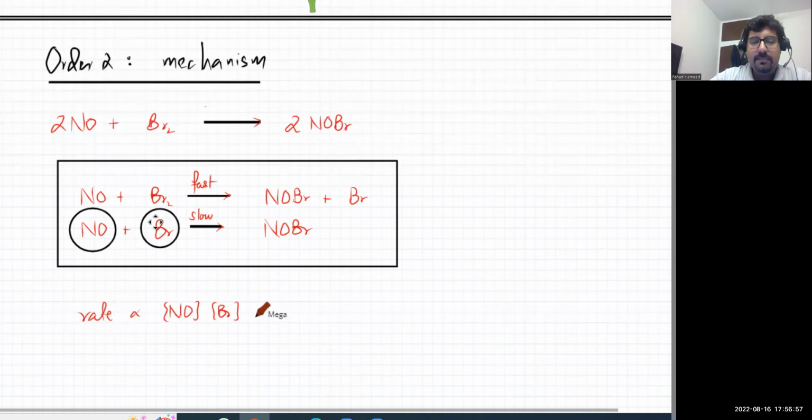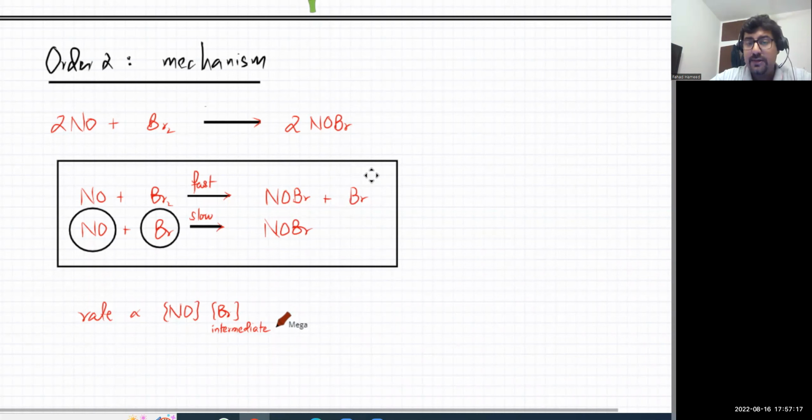But then I told you that the Br over here is actually an intermediate. It wasn't a reactant, it's actually produced while the reaction is happening. So that thing over here is my intermediate. And this Br is produced when Br2 and NO react.